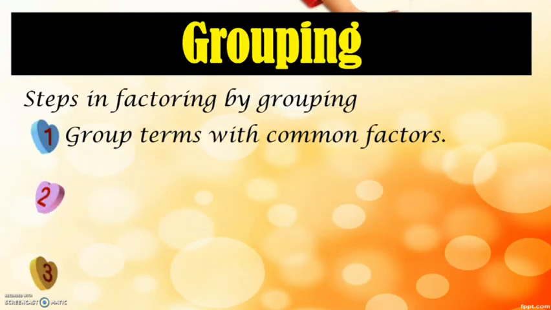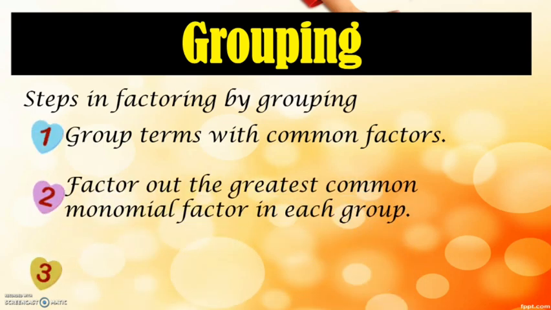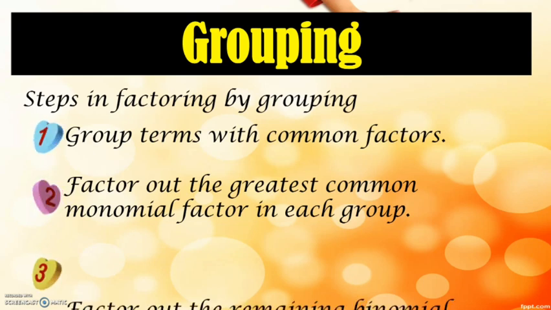Number 1, group terms with common factors. So we need to identify which terms of that given trinomial or polynomial should be grouped together for us to have a common factor. And number 2, factor out the greatest common monomial factor in each group. So from that group that we had formed on the first step, we need to extract the greatest common factor.